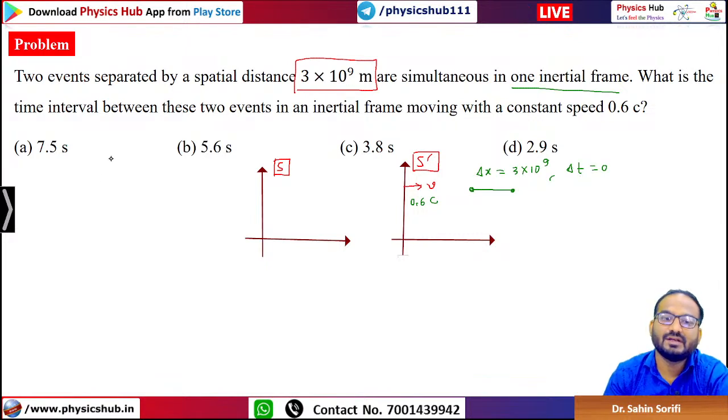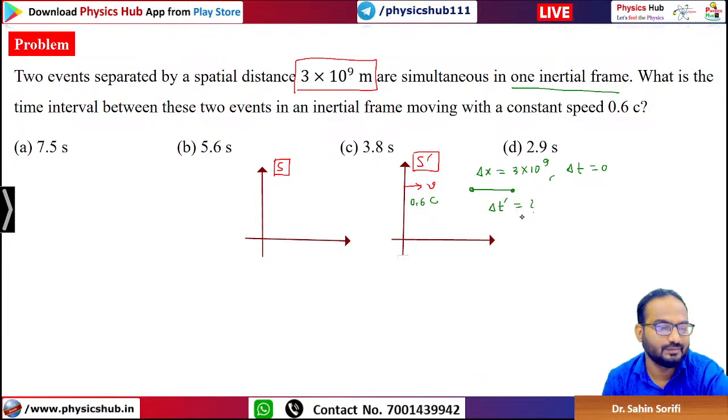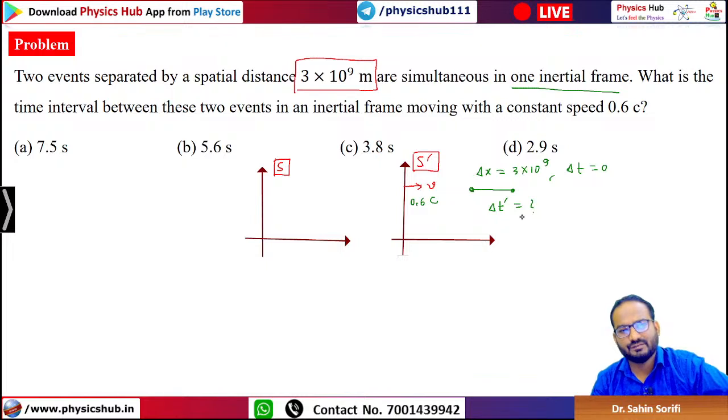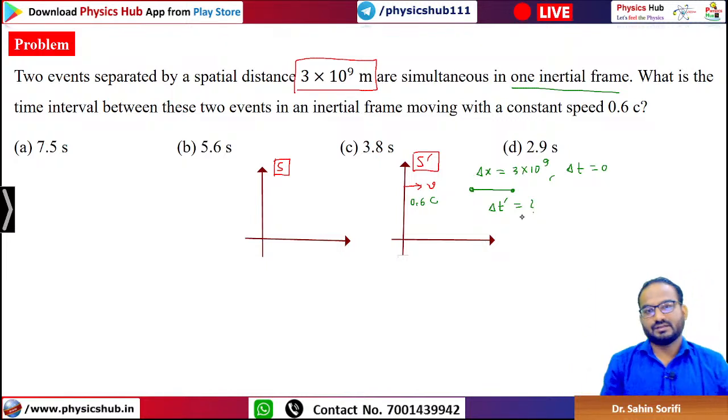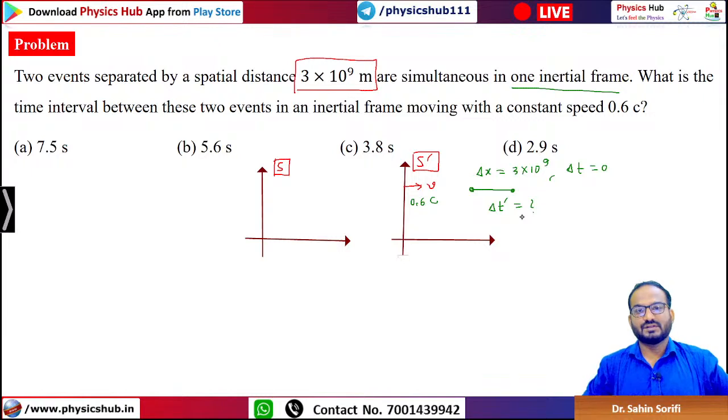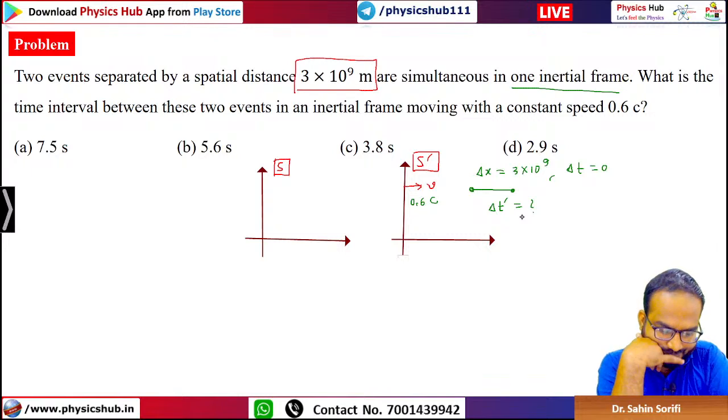The question asks for the time interval in the moving frame, so it is talking about delta t prime. It may come out negative, but it is a difference, so even if you get a negative result, you consider only the magnitude. Time cannot be negative, right? Do it quickly.